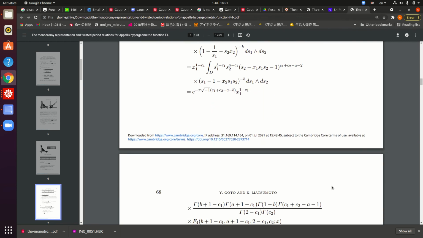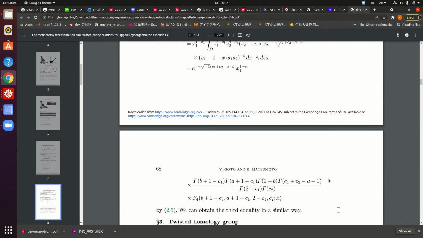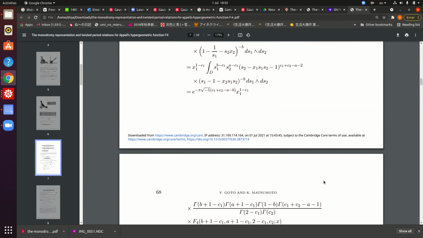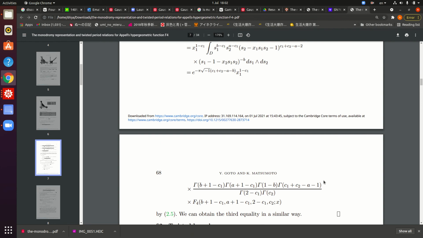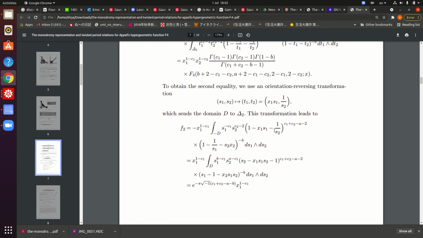So this is a change of variables from the S's to the T's, such that in the first set it is D, and in the second set it's delta 2. So that's a miracle, right? It took one and turned into another.